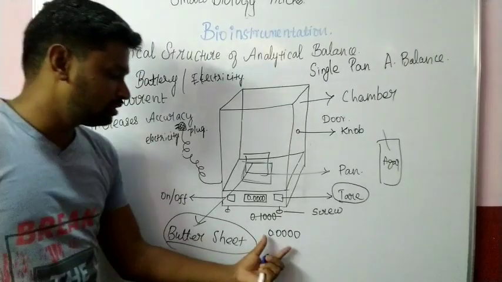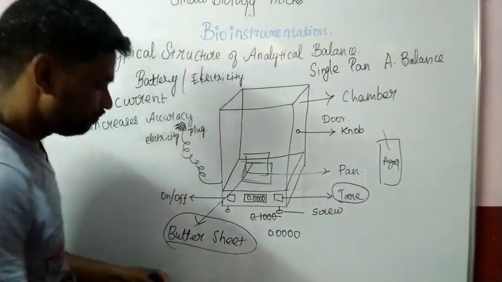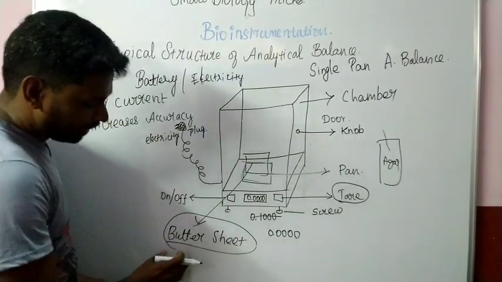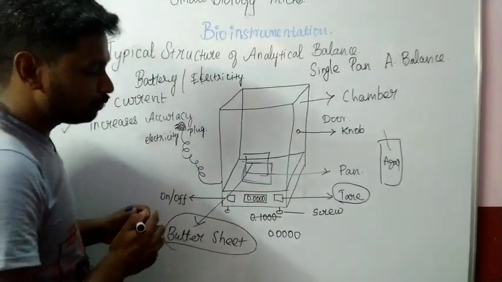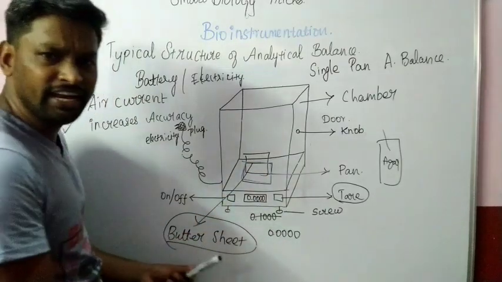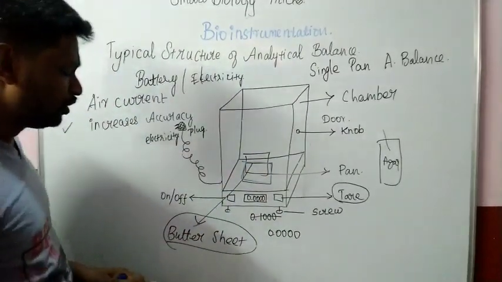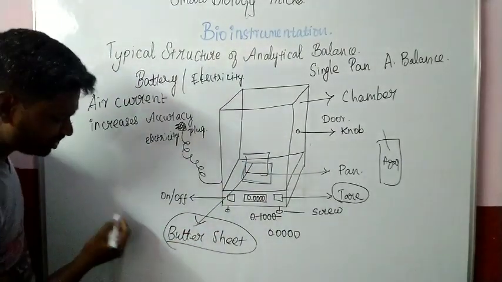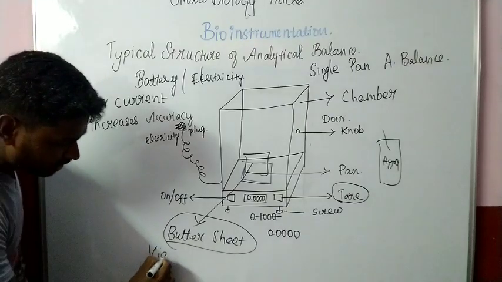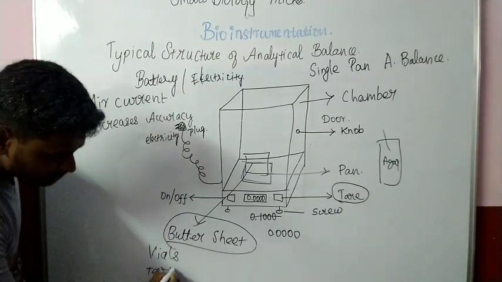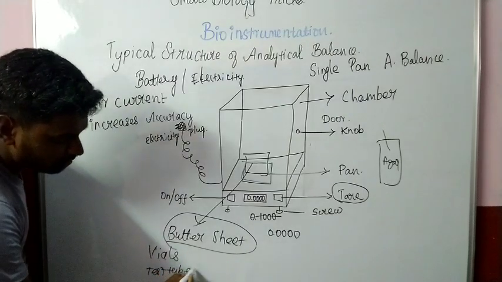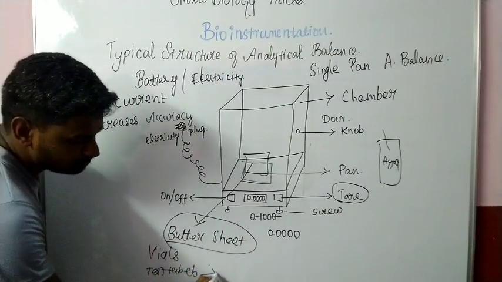So once you see these values, you are allowed to put a piece of butter sheet onto the pan. You can use butter sheet or cryo vials or test tubes, plastic or glass made test tubes.